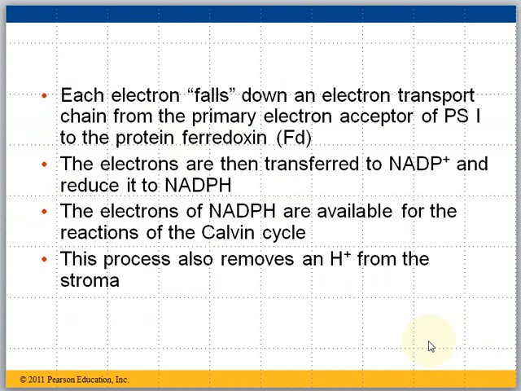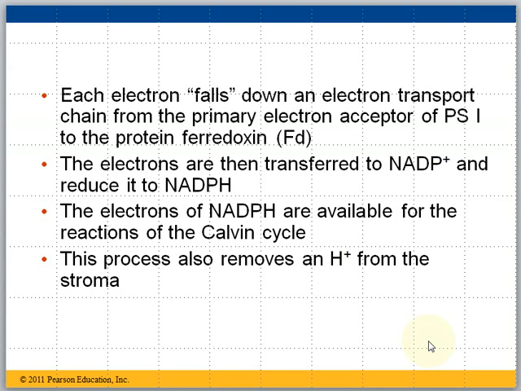So we basically have an electron that's made a pretty long journey. It started out perhaps as the hydrogen part of water. Then that electron, along with its proton, falls down an electron transport chain from the primary electron acceptor of PS1 to a protein called ferredoxin. That ferredoxin is basically the end of the line.